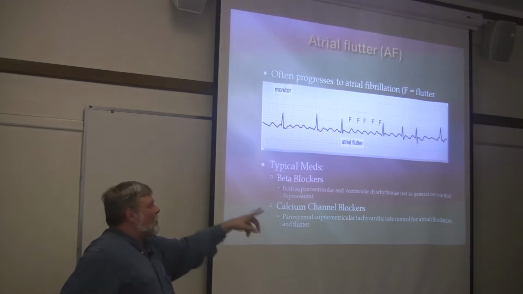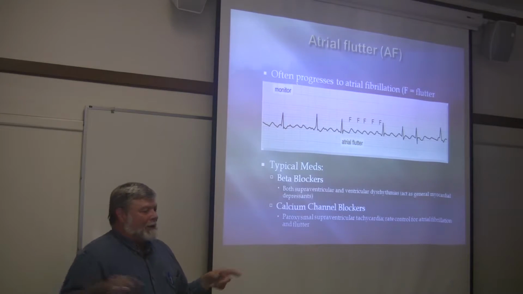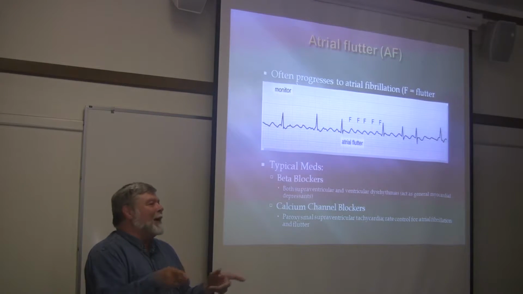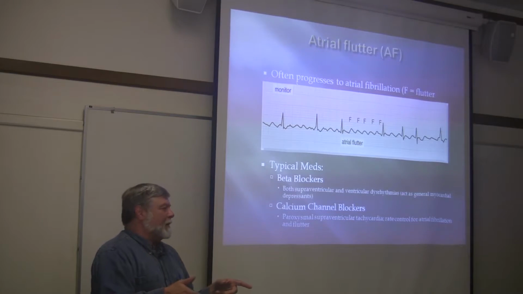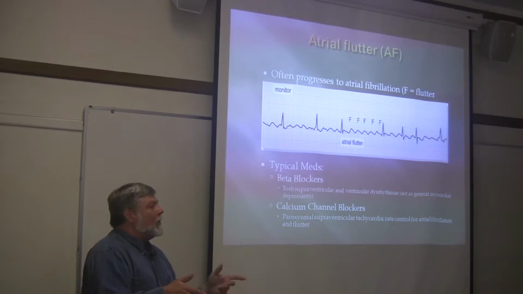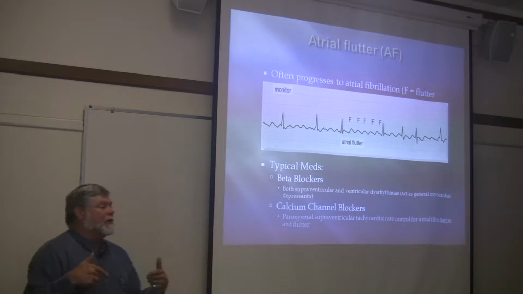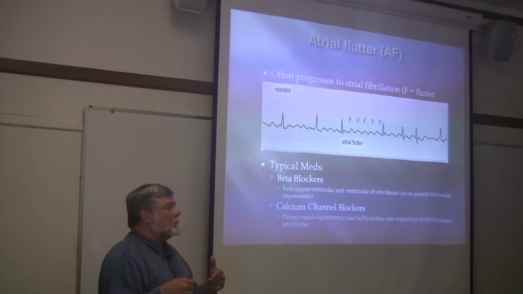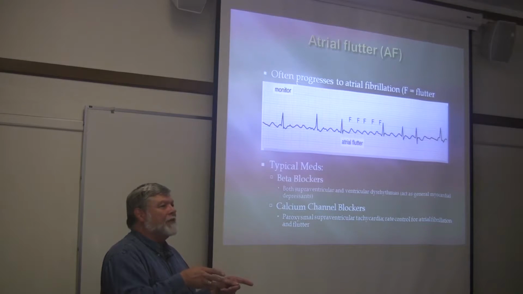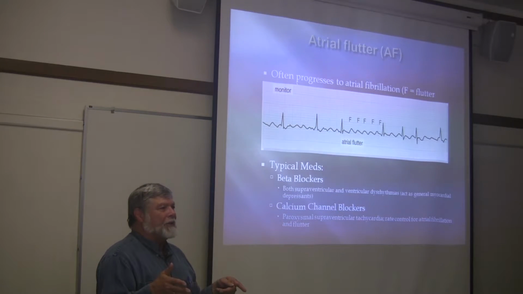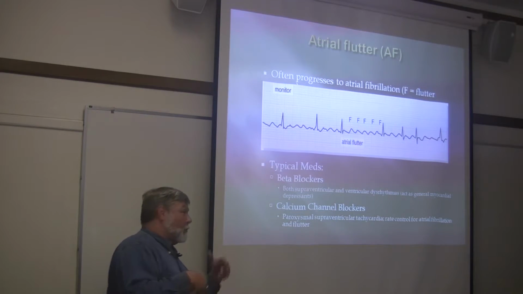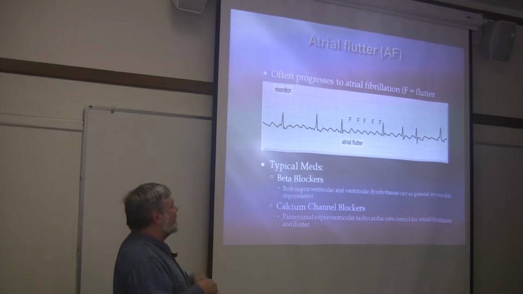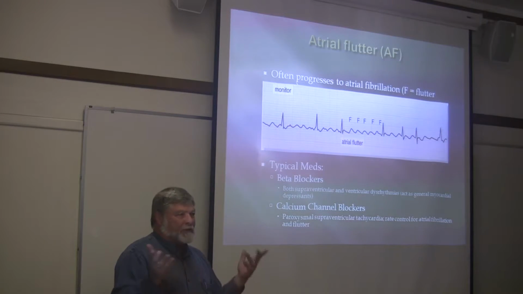And what you will see is like every third P wave, you have a QRS complex. So the way you chart this is they're in atrial flutter 3-to-1 if they have 3 P waves for every QRS. If they have 2, it's 2-to-1. If they have 4, it's 4-to-1. And if it's like this, well, then you would just say atrial flutter and it's variable.